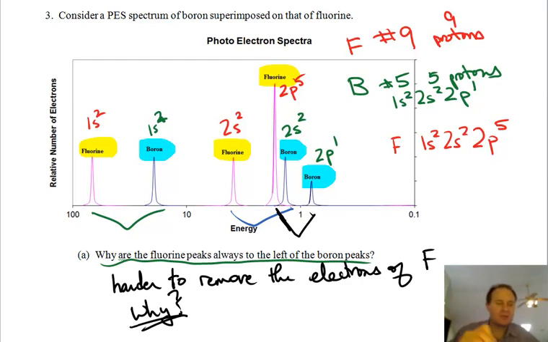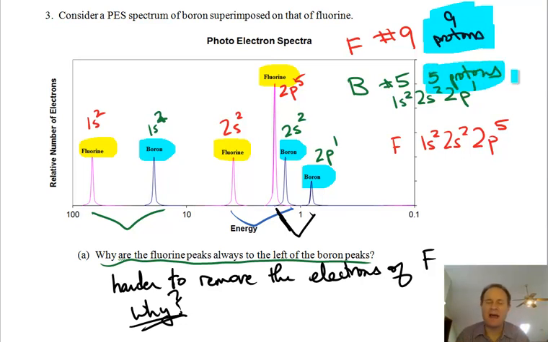Well, here's what we've got, and this is where it just really jumps out at me. Fluorine has 9 positive protons. Boron only has 5. Those electrons, and stay with me here, if we go back to Coulomb's law, there's the distance factor, and then there's the strength of the charges.